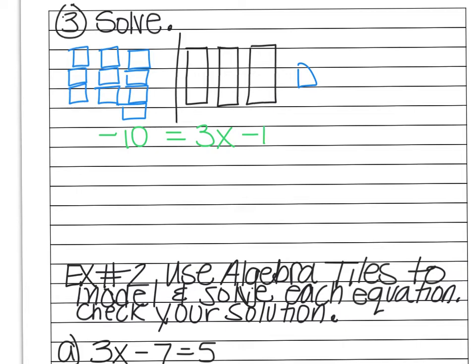So now we can go ahead and solve this, and we would go ahead and add 1 to both sides. We'd always add or subtract first. We would get -9 equals 3x. We can go ahead and divide by 3. -9 divided by 3 is -3 equaling x.